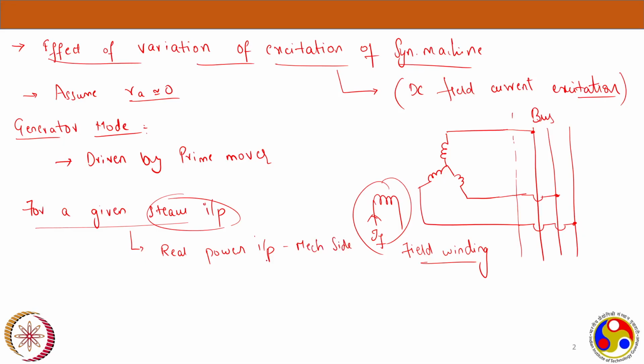Now the output power delivered to the bus will also be constant, because for a fixed input there will be a fixed output. Both are constant.